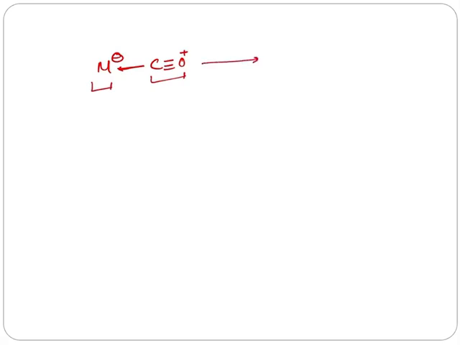One resonance structure we can draw is this one, where metal-to-ligand, that means metal-to-carbonyl, pi bonding occurs. That is called pi back bonding. We will discuss it another day. In that way the metal reduces its electron density.